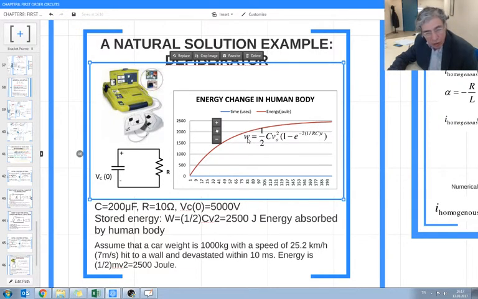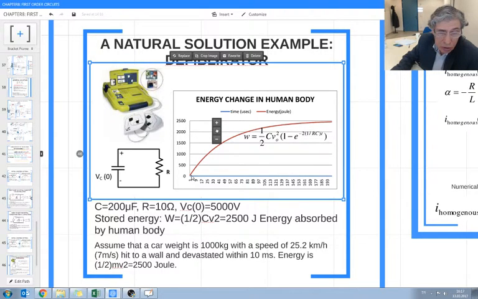So that's the energy. You could do that. In the previous one, we calculated the inductor current. From that, calculate the inductor voltage, multiply those two, and get the integral of it. You're going to end up with the energy. If you take the energy from 0 to infinity, you're going to end up with a curve like that. At t equal to 0, e to the power 0 is 1, 1 minus 1 is 0.